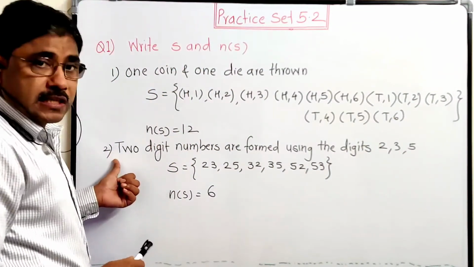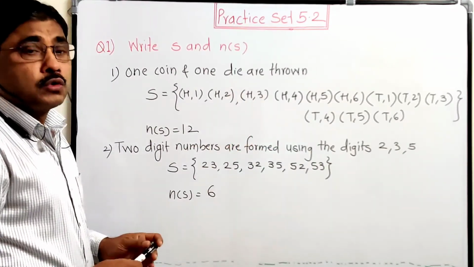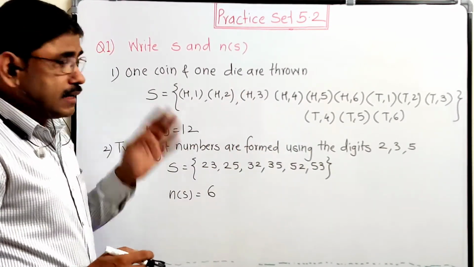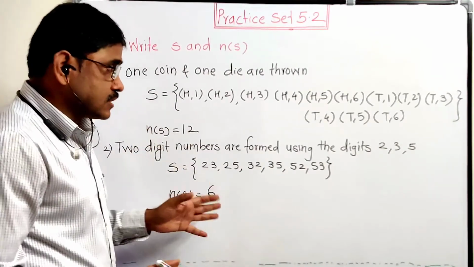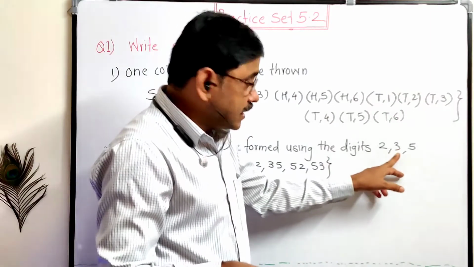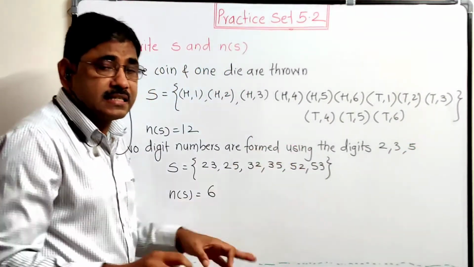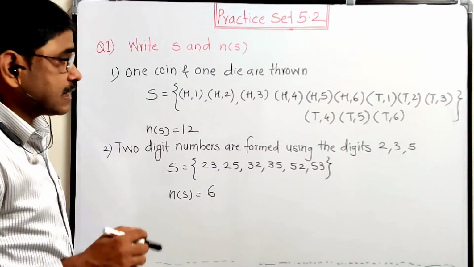Now the second sub question is 2-digit numbers are formed using the digits 2, 3, 5. So here the condition is without repeating the digits. कोई भी digit repeat नहीं करना, यानी 22 not allowed, 33 not allowed, 55 not allowed. If we read the question we see that condition.